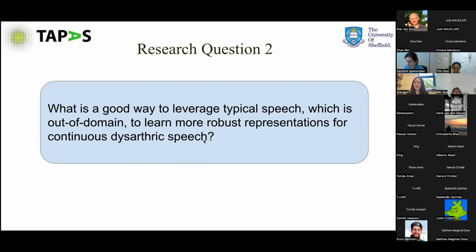However, because dysarthric ASR is a low resource system, this leads us to the question: what is a good way to leverage typical speech, which is out of domain, to learn more robust representations for continuous dysarthric speech?